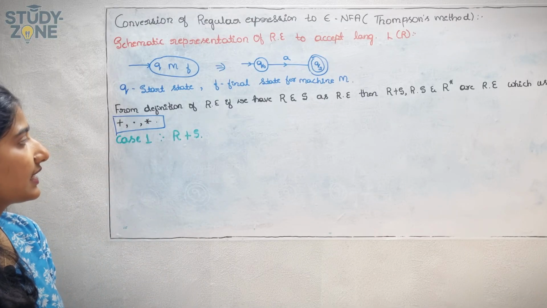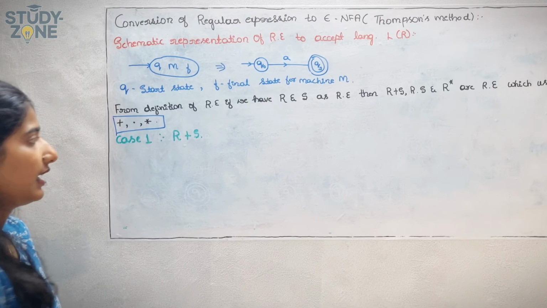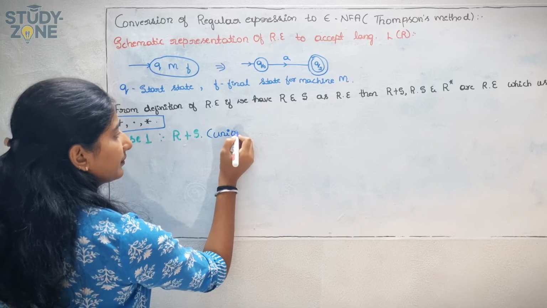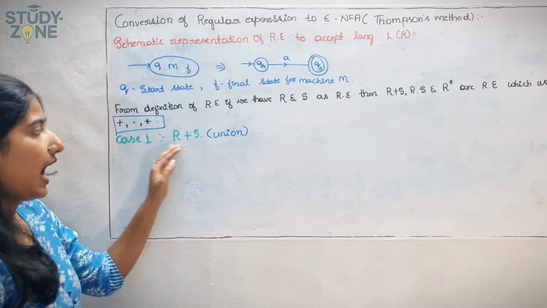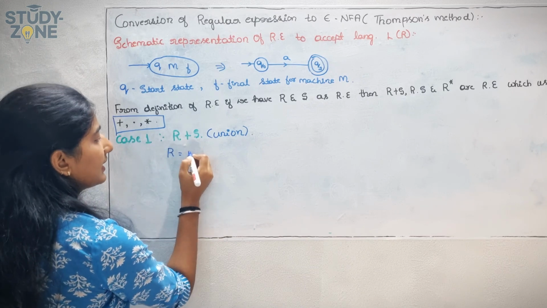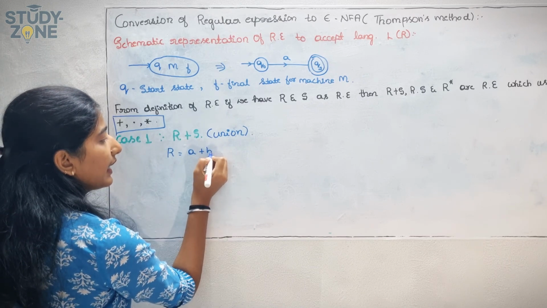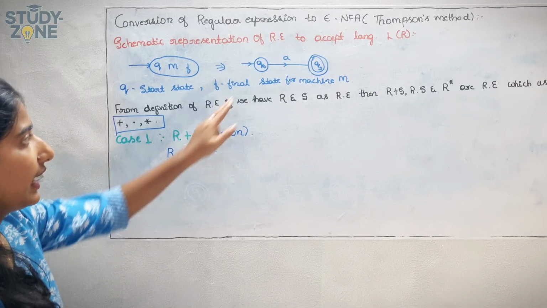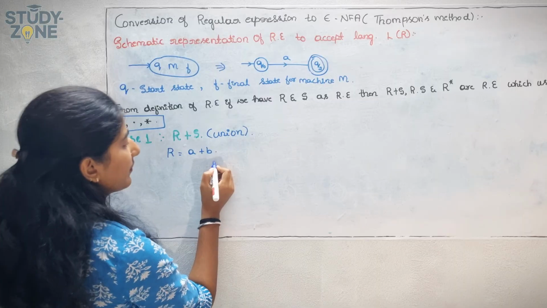So the first case is union, right? First case is union. That is R plus S. Okay, so we can take it like this. R equals A plus B. Okay, how to represent A? A is represented like this.